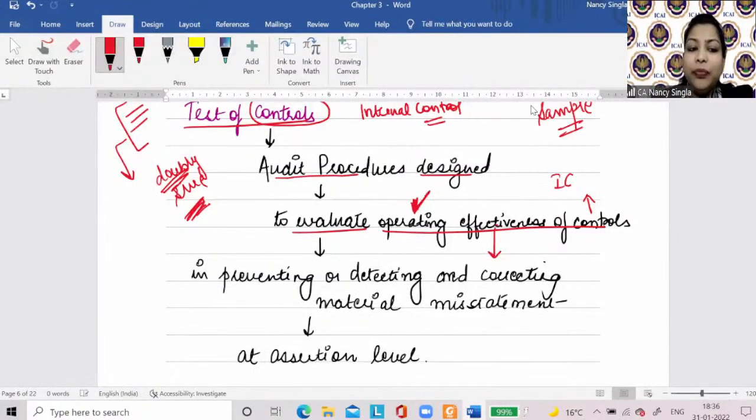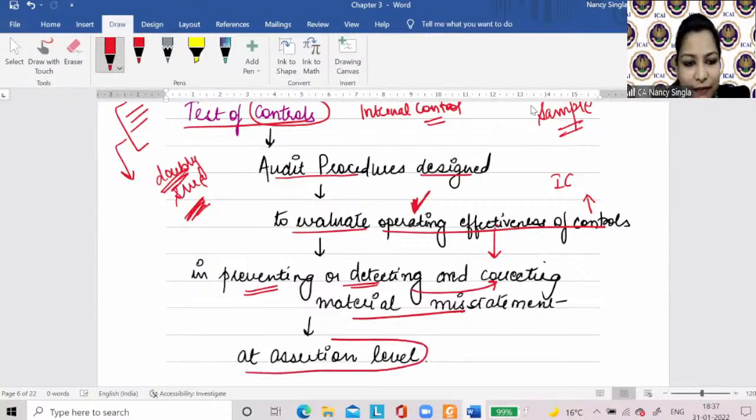What something? Whether the internal controls are effective in preventing or detecting, and if detected, then correcting material misstatement at assertion level.